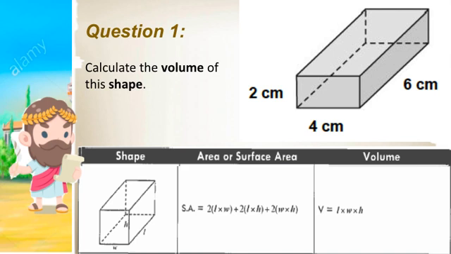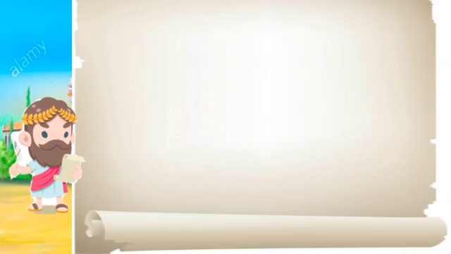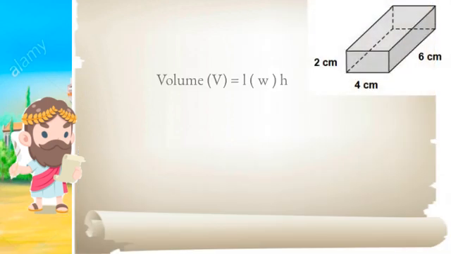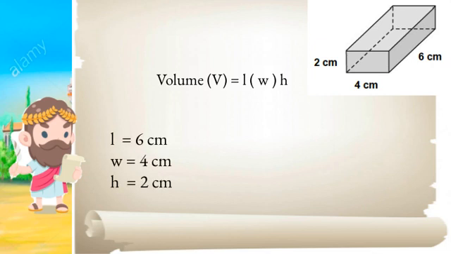Now, let's write out this formula on a clean sheet of paper, taking note of the shape and dimensions we're analyzing. I recommend that you list all the given information about this rectangular prism relating to the variables in our formula on the side of your paper, like this. Notice how I include the units of each dimension measurement.